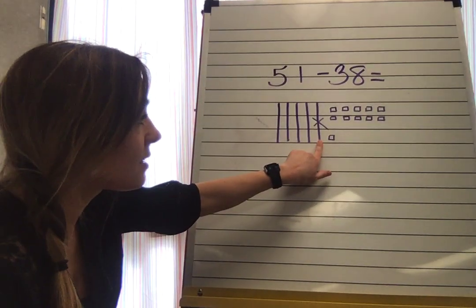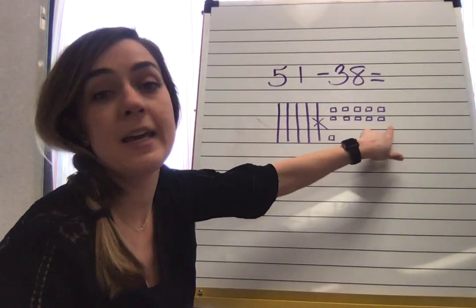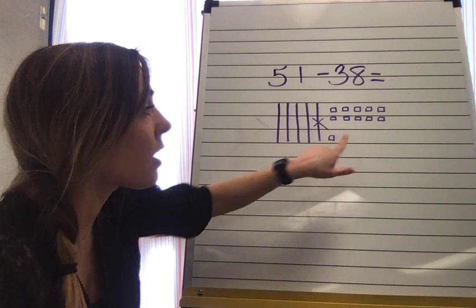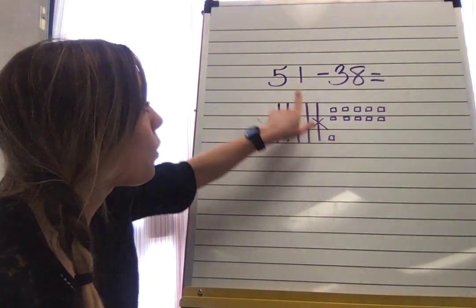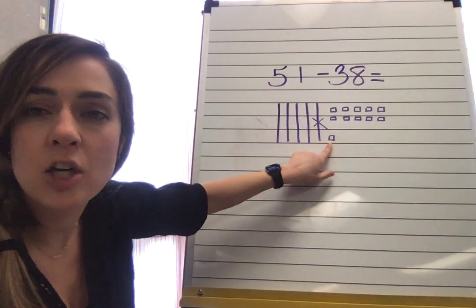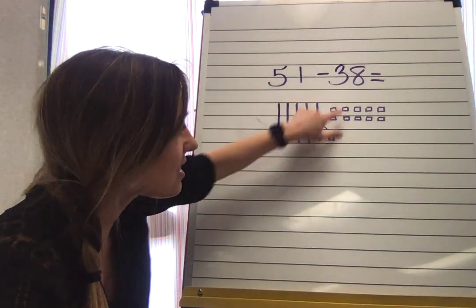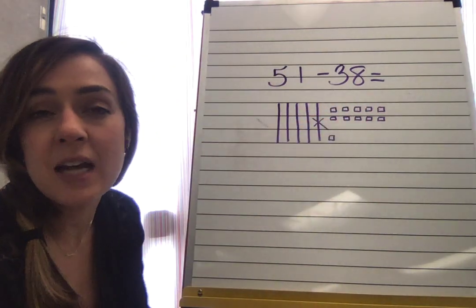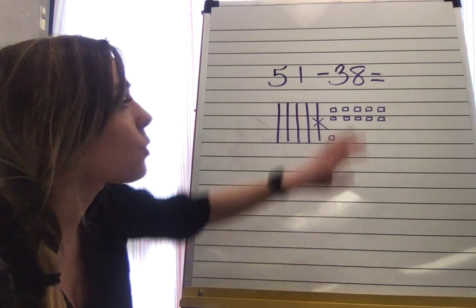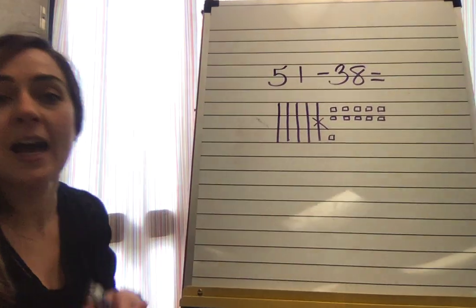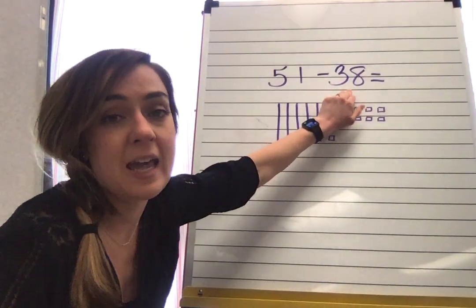So this became this. And when I'm drawing that, I like to draw it away from the one that I already had so that I know that it's not part of it. It's something new. If I think that this is part of this, then sometimes I can miscount, and so I want to make it separate. All right. So now I'm ready to take away 38.